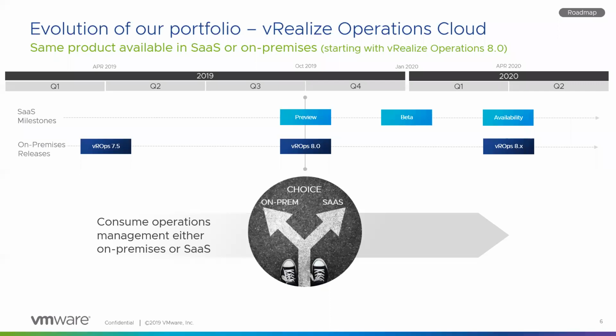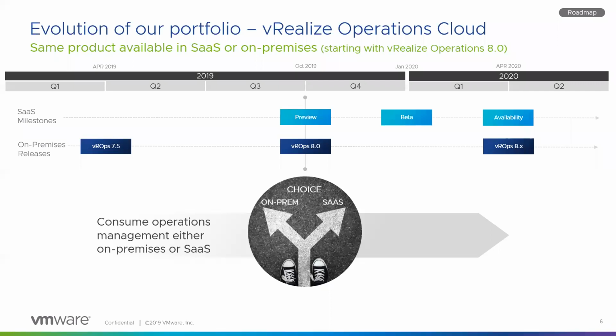So what we wanted to do is give our customers the choice of whether to deploy on premises in their own data centers, as they traditionally have done, or if you don't want to take on the responsibility of deploying, upgrading, managing, and backing up that vRealize Operations infrastructure cluster, we can do that for you. And you can just reap the benefits of the value that vRealize Operations has.